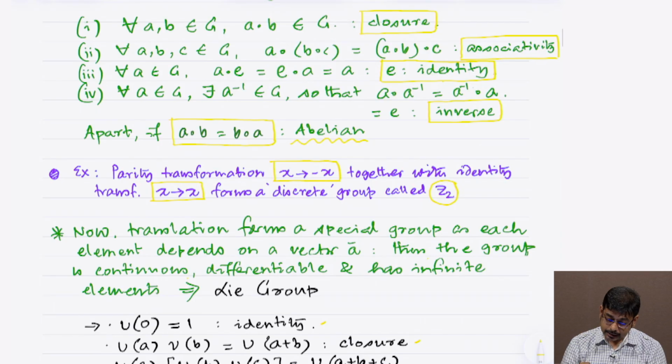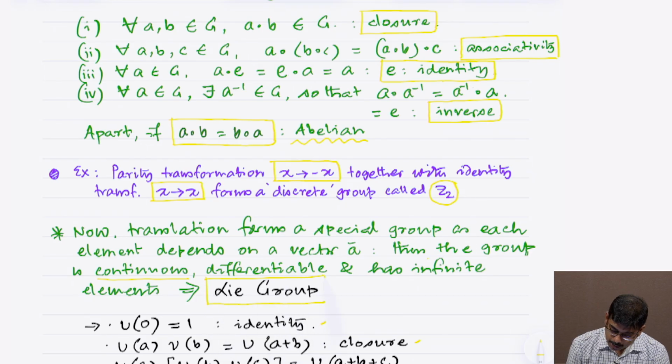Okay. And it has another important property, which the previous one, reflection symmetry, does not possess: it has infinitely many elements, and this group is continuous and differentiable, and this classifies to something we call a Lie group.